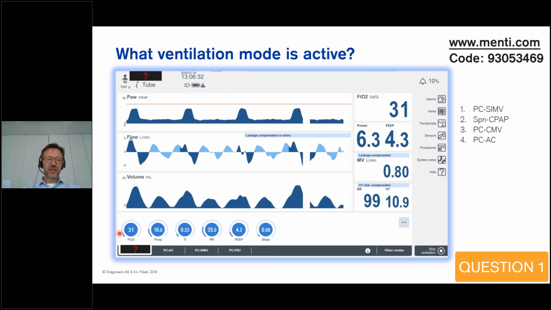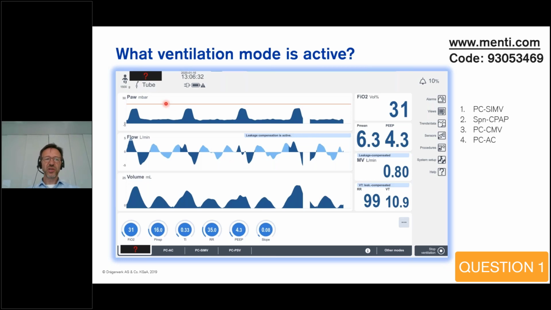Then in the lower part of the display, you see all the settings. In this case, FiO2, inspiration pressure, inspiratory time, respiration rate, the PEEP, and the slope. And the slope is the ramping time for the pressure, so how fast the pressure is built up during an inspiration.